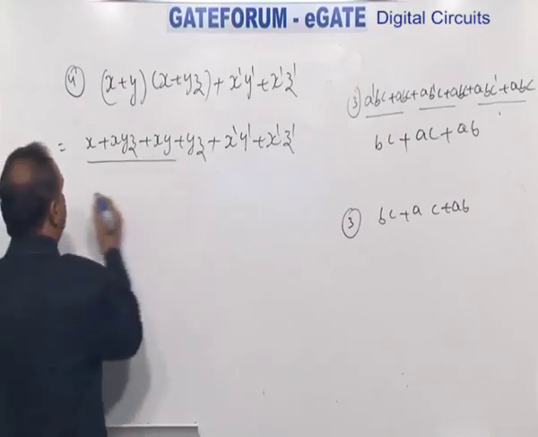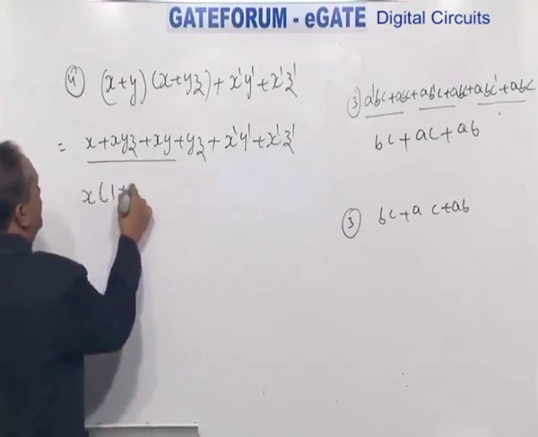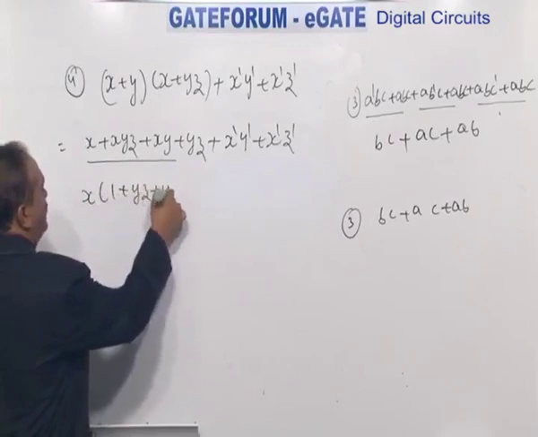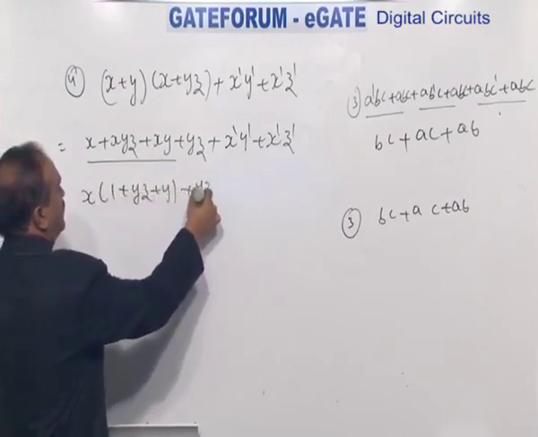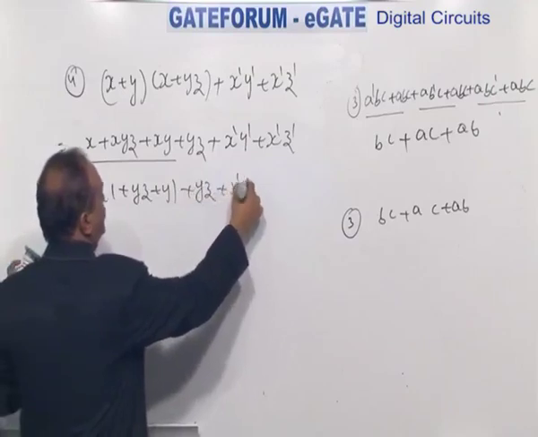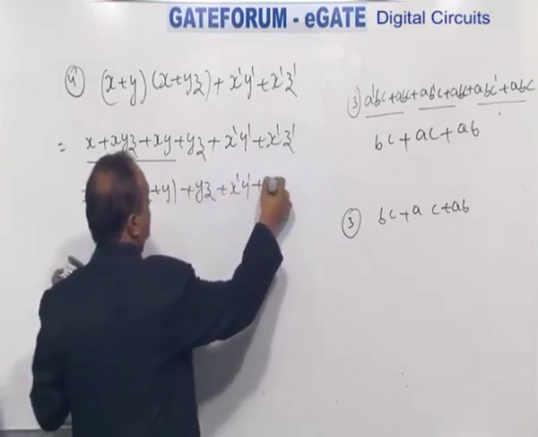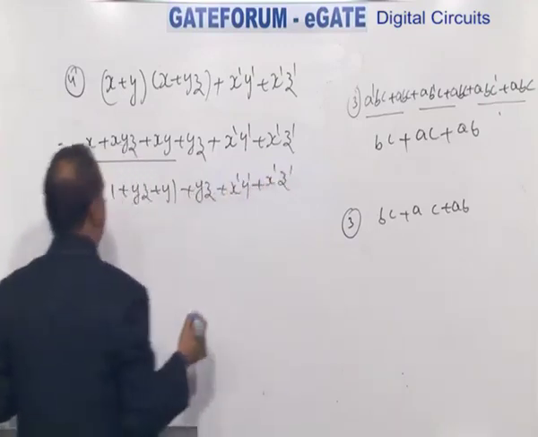Then in the first three terms, if you take x common, 1 plus yz plus y, plus yz plus x bar y bar plus x bar z bar.